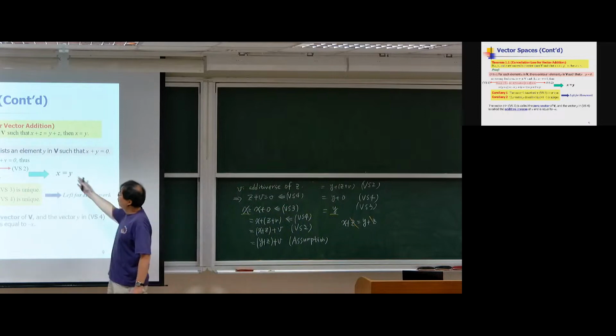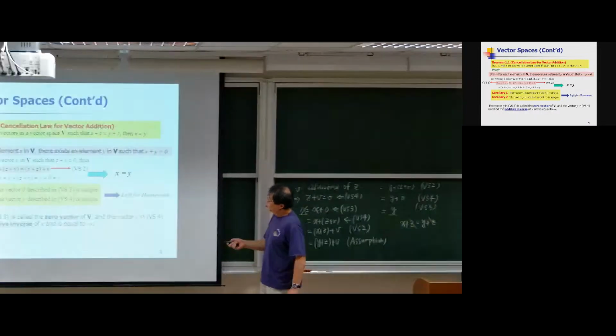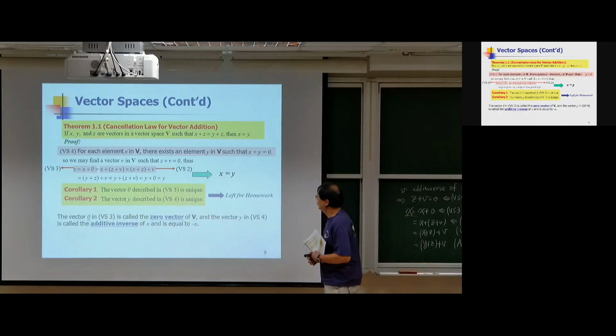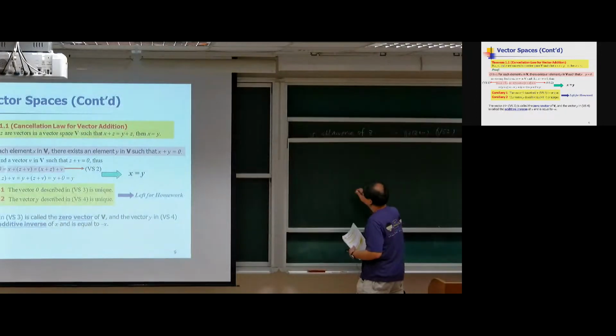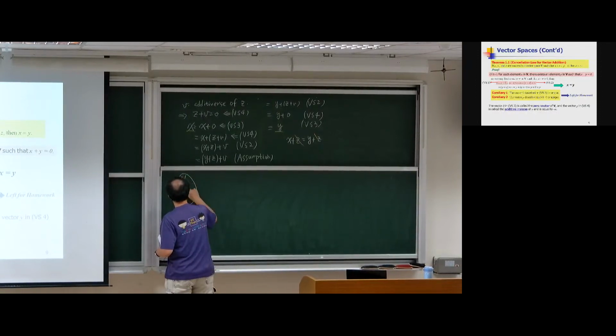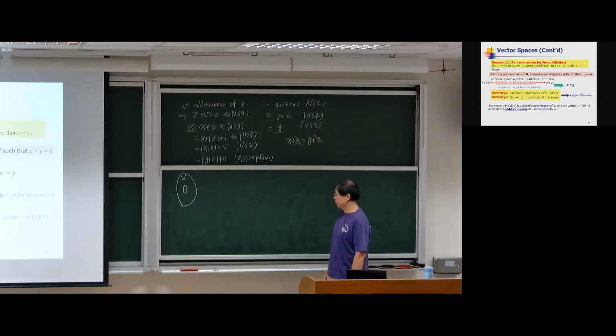So here we have the cancellation law. And then we will begin to discuss corollary one. In a vector space, we define that it must contain 0. 0 must be contained in this vector space.